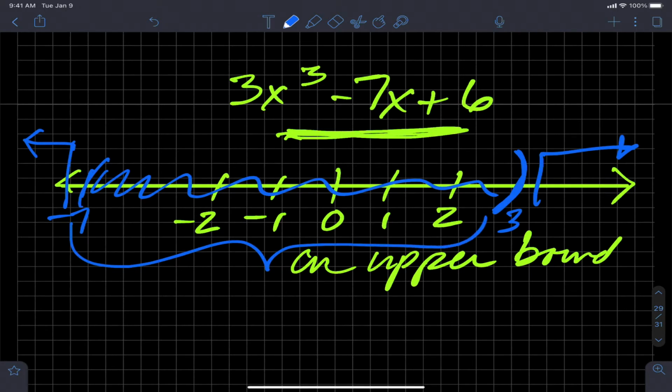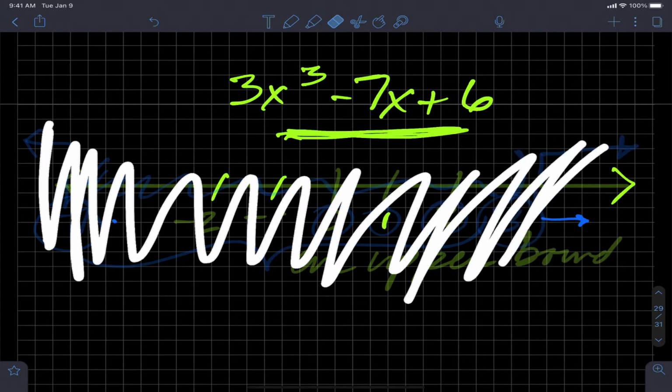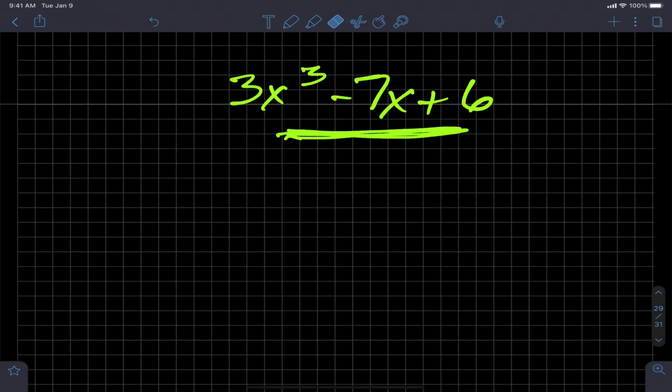I still have infinitely many, but this bounds situation is really just looking at the integers. Even if I had all of just the integers, I would have infinitely many. But now I've reduced it down to -6 up to 2 by finding the lower bound of -7 and the upper bound of 3. That's what we're trying to do: reduce the number of values that we have to consider as potential zeros for our polynomial.